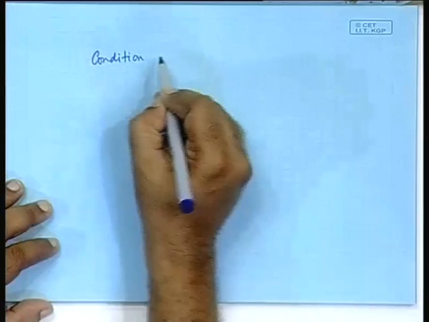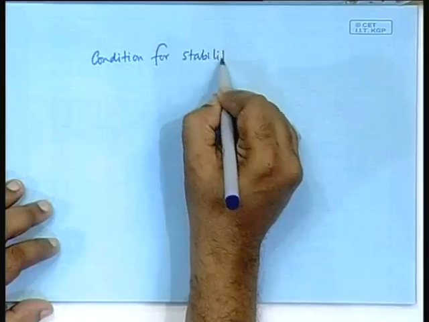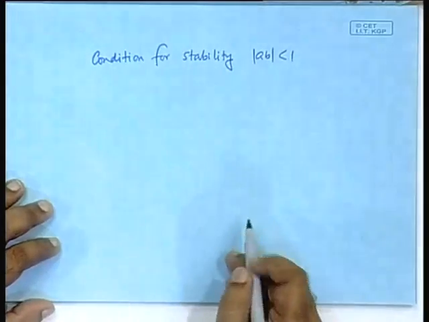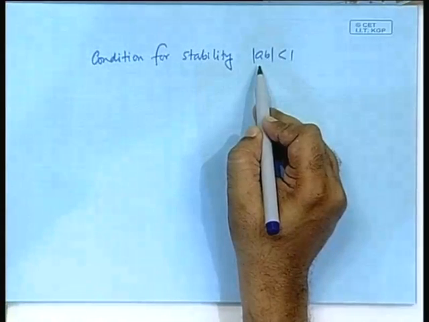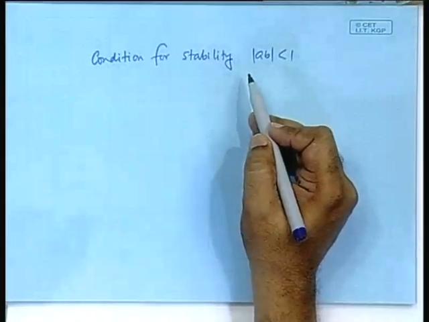So, the condition for stability is AB less than 1. AB less than 1 actually gives two conditions, AB equal to plus 1, AB equal to minus 1.